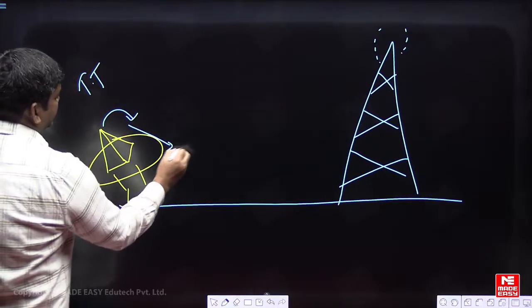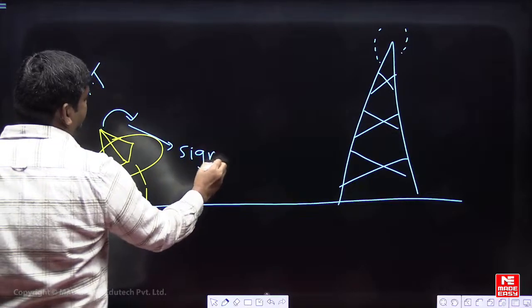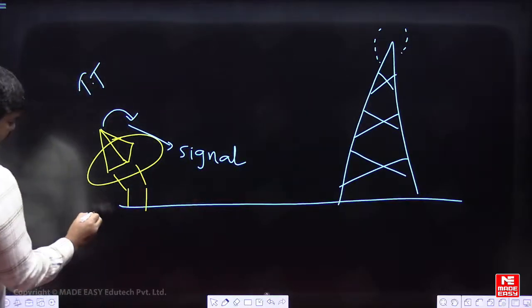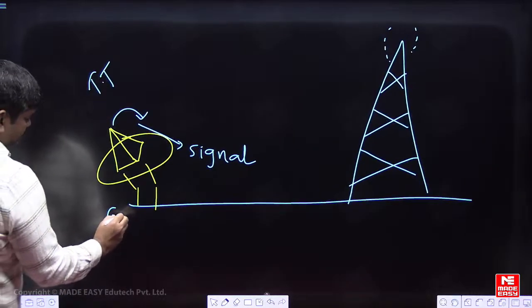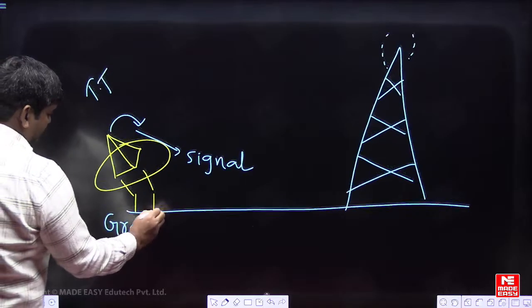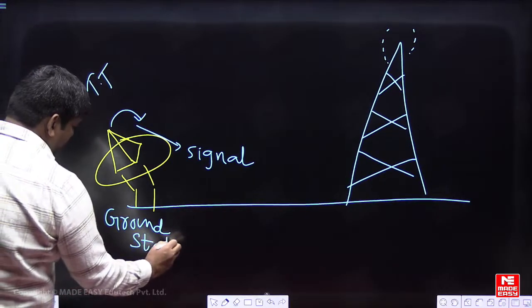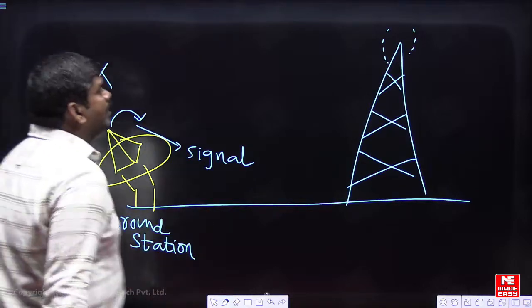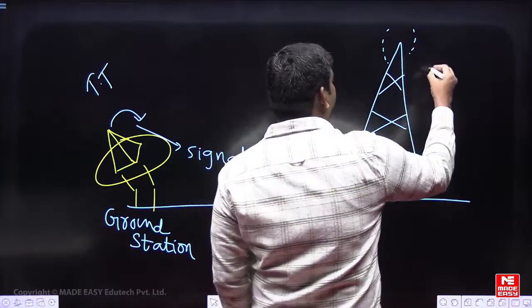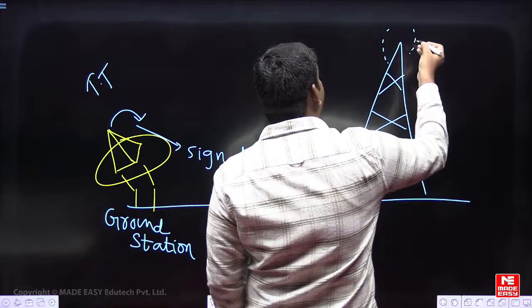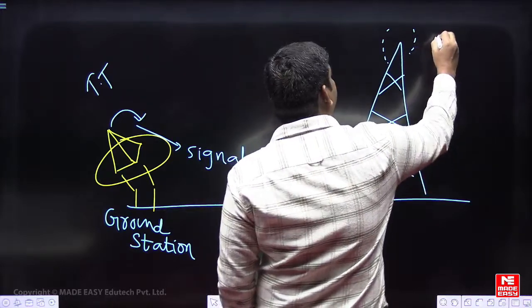So this is where the signal is transmitting. I can call this the ground station, and this is the antenna or the receiving station, or a satellite antenna station, or the receiver.